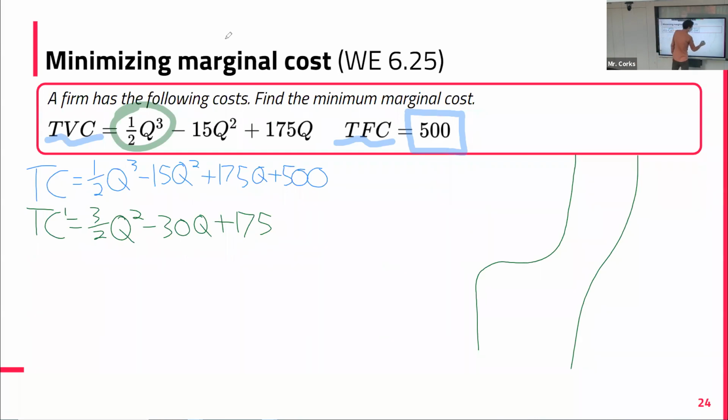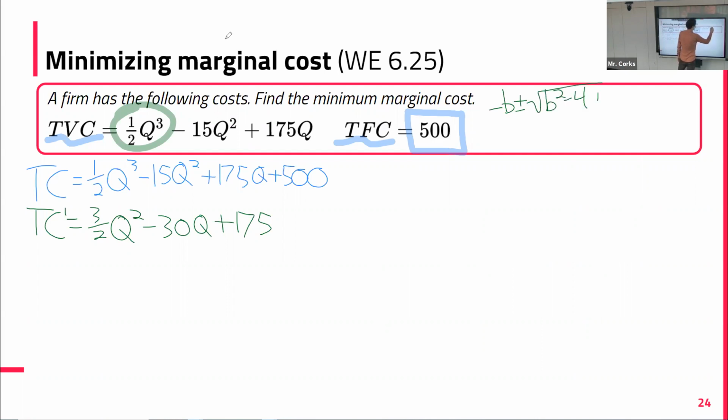All right, so what can we use if we don't really see an easy sum-product method for factoring? How can we do just a quick test and see if we have some? We can use our quadratic formula: negative b plus or minus the square root of b squared minus 4ac, over 2a.